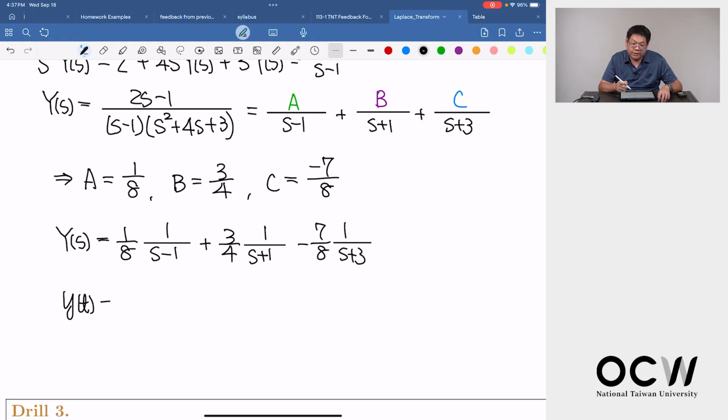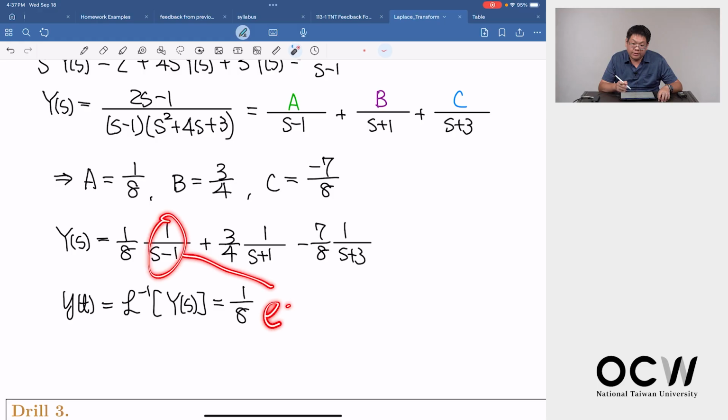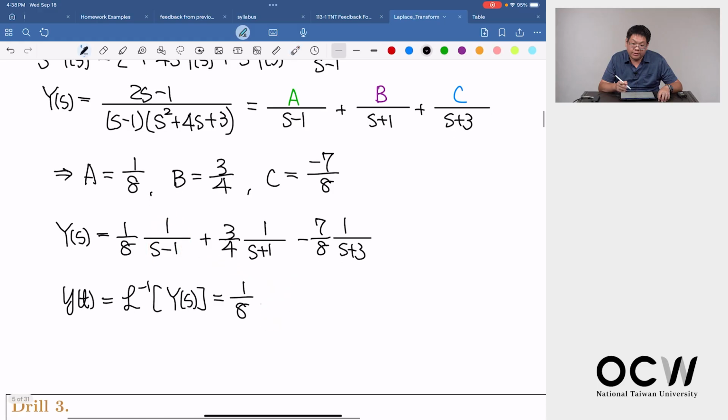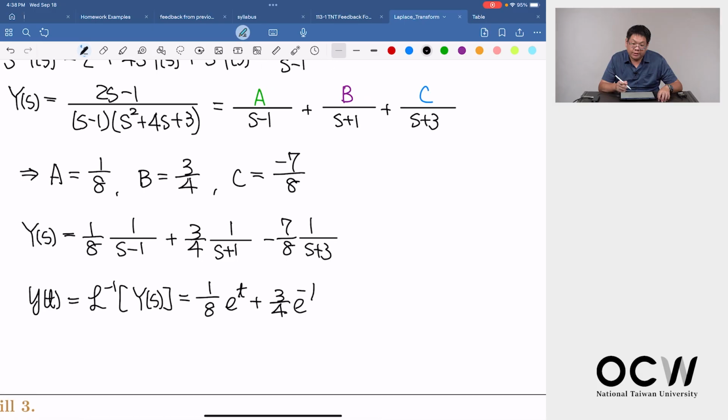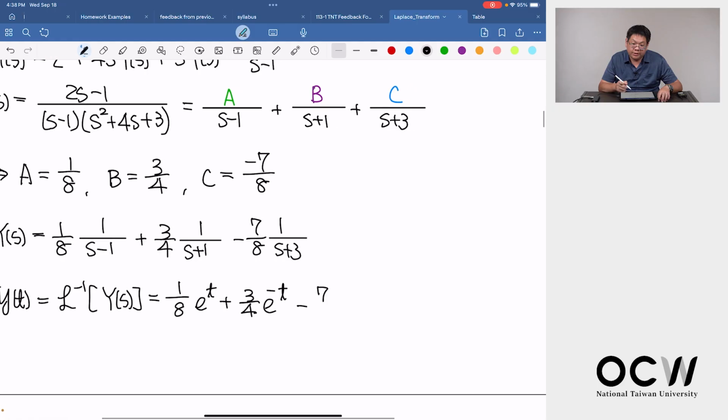Then your y(t), that is the inverse Laplace transform, will be 1/8 times e to the t first. Second, your a is -1, so we have e to the minus t. And then third, s plus 3, so a is -3, e to the minus 3t.